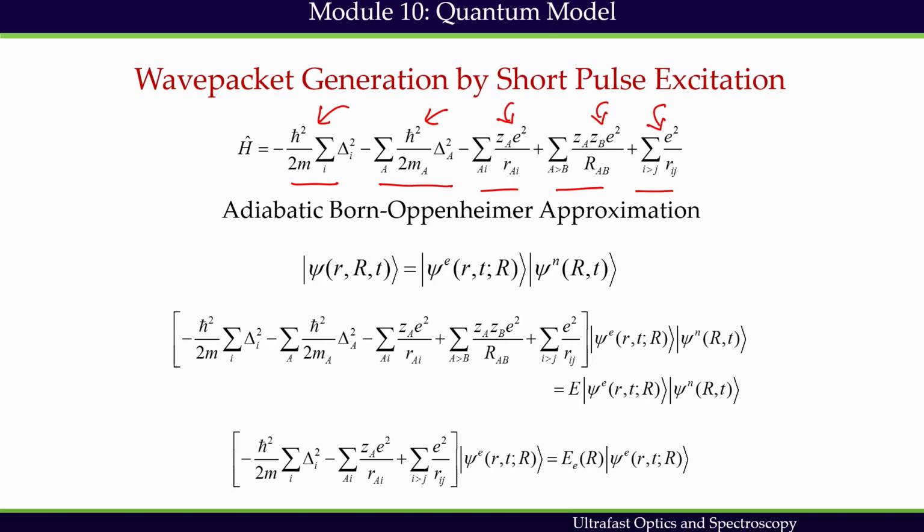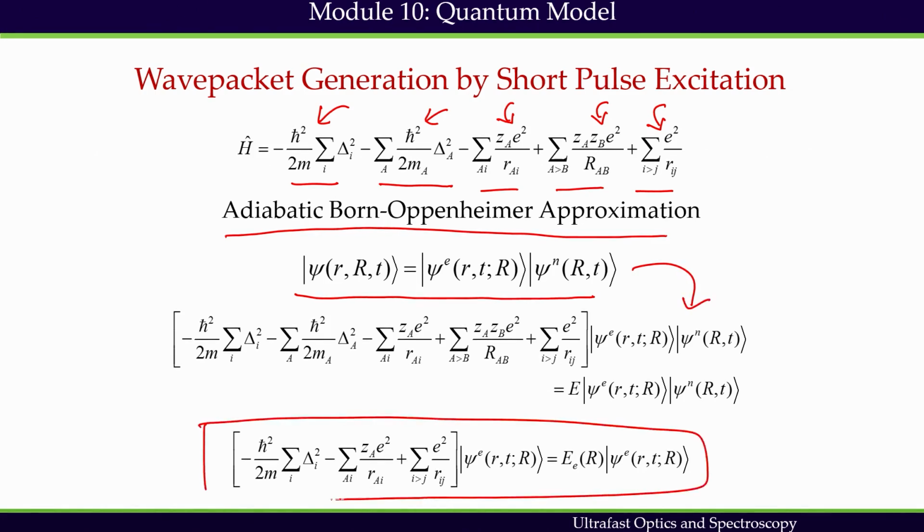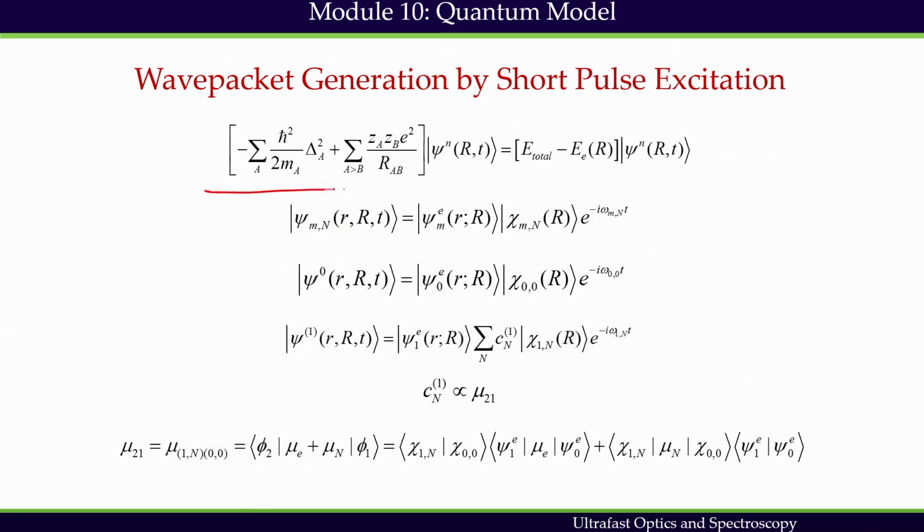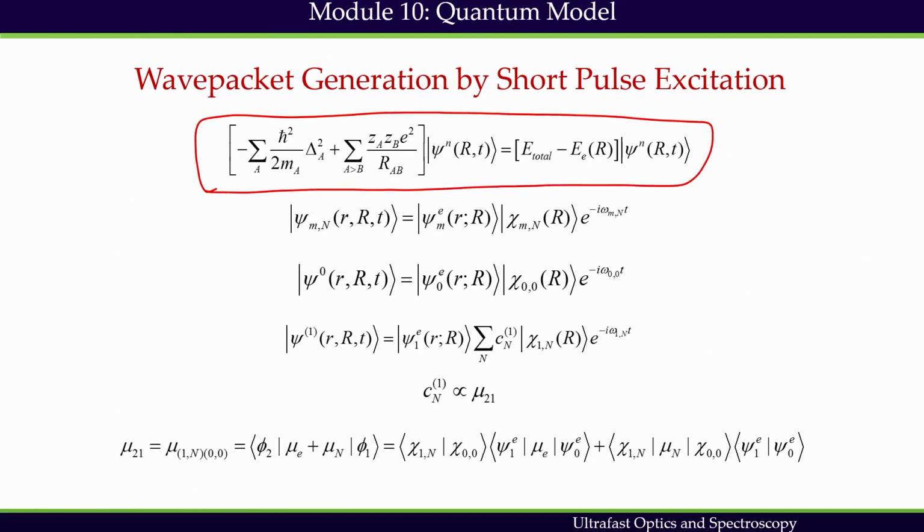And if we consider the adiabatic Born-Oppenheimer approximation, where psi can be expressed as a product of the nuclear wave function and the electronic wave function, then if we plug that in, we get this, and we'll be able to separate this into expressions. This is the pure electronic component, and the next one is pure nuclear, the contribution from nuclear motion.